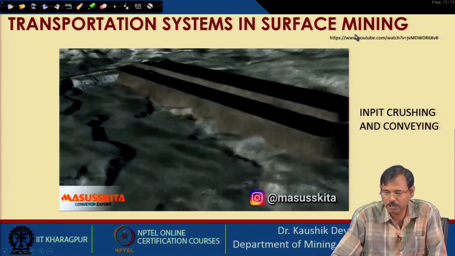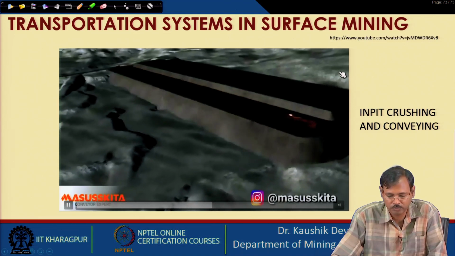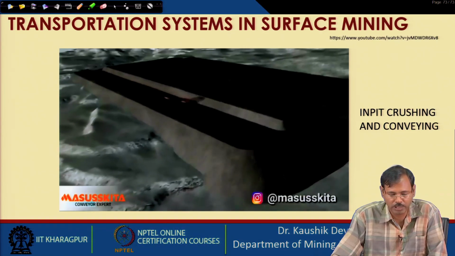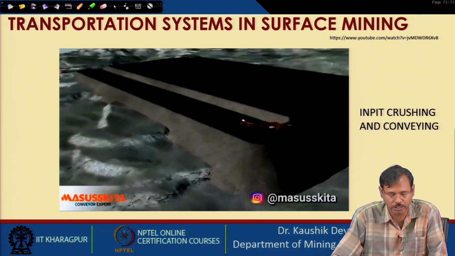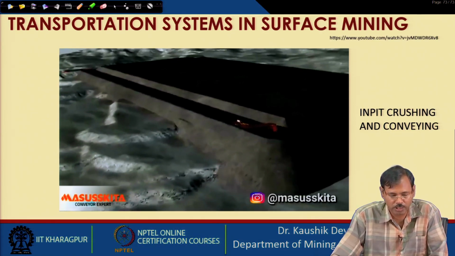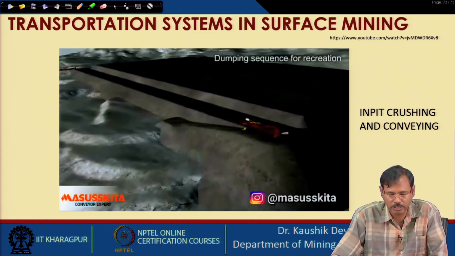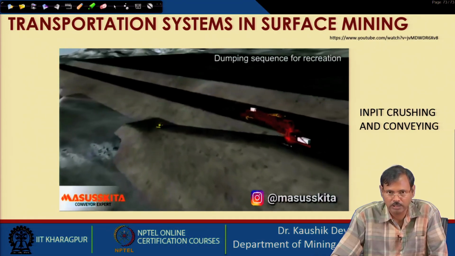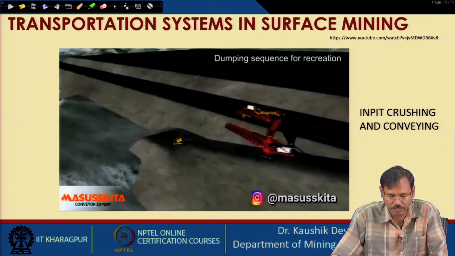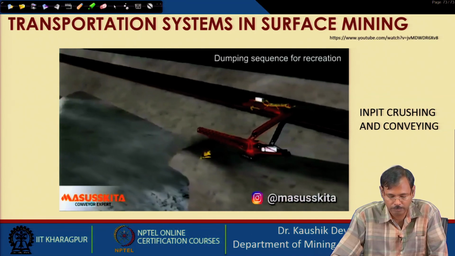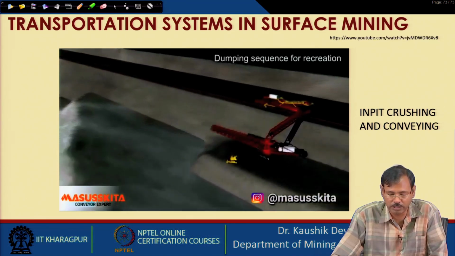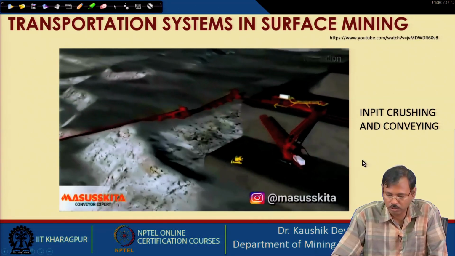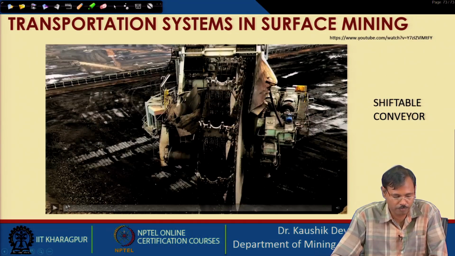This video is available in this YouTube link, and in this way a uniform dump can be formed using this spreader system. Overburden rocks are blasted, then taken to the in-pit crusher, which makes the fragment size uniform, then taken on the conveyor, and finally discharged with the spreader. So, this is the in-pit crusher conveying system.